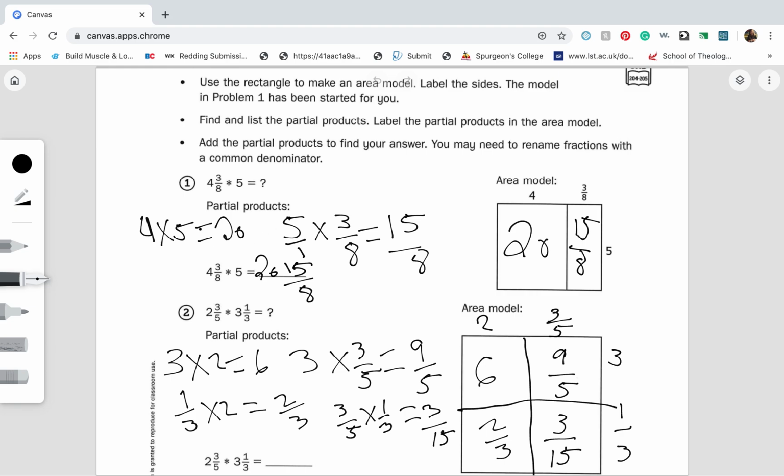Okay, and we have 6 and 40 fifteenths. Let's go ahead actually and simplify that. So we have 6 and 40 fifteenths.